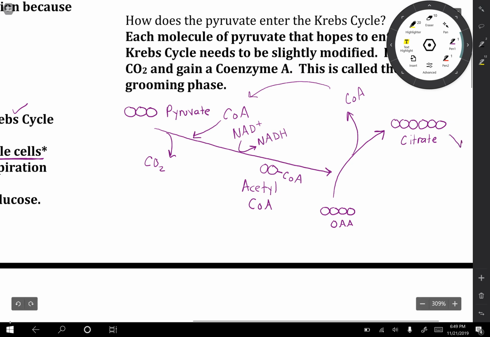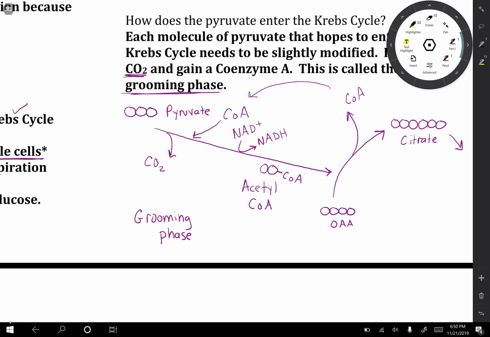That is going to continue in a cycle, and we'll see more in the Krebs cycle on the next page. This whole thing is known as the grooming phase. You can think about it like when you take the dog to get groomed and it gets cut up. Here, the grooming phase is you cutting off a CO2. Pyruvate cannot enter the Krebs cycle by itself. It needs to be converted into acetyl-CoA first.